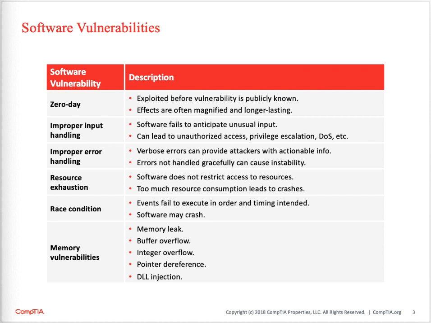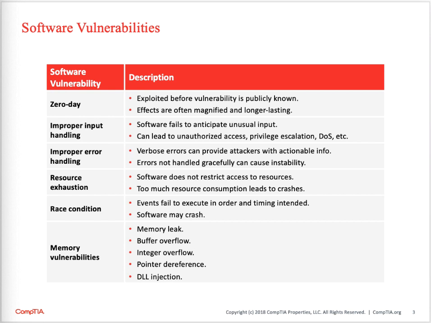So when it comes to software vulnerabilities, these weaknesses come from a bunch of different factors. It could be errors in code. It could be that it wasn't designed for security. And so we're going to look at a couple of these major vulnerabilities that are a result of these mistakes. So 0-day is the first one.